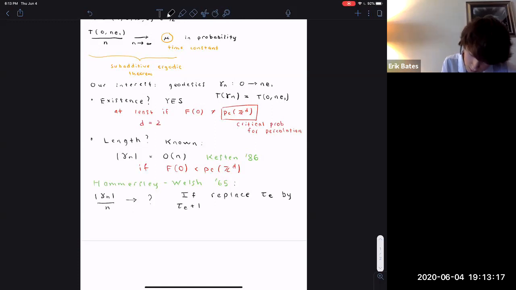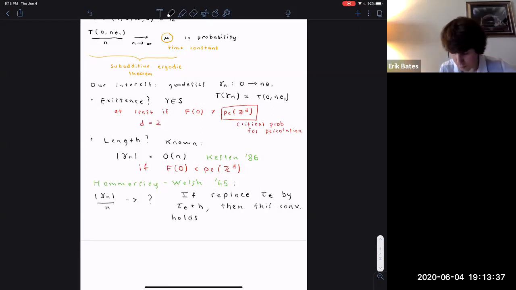So here what I mean is take every edge weight and uniformly across all of them, just add a constant h, a positive constant h. So if you replace all the tau e's by tau e plus h, then this convergence holds. So that is, this question mark can be replaced by a deterministic constant.